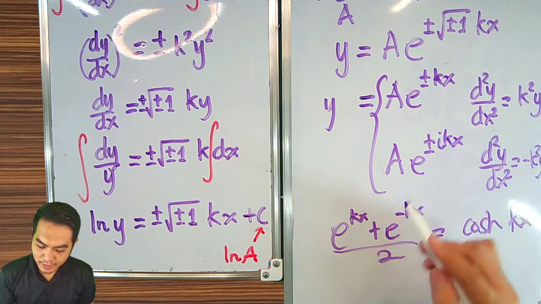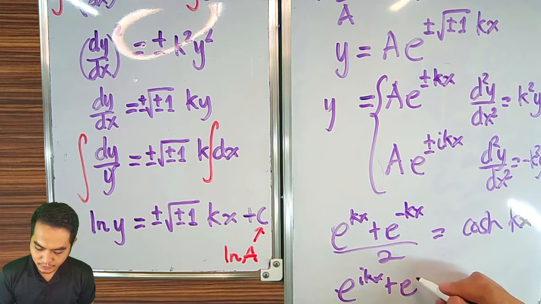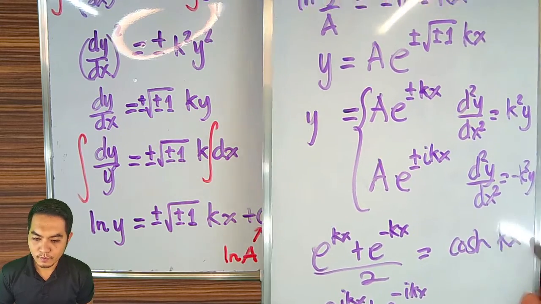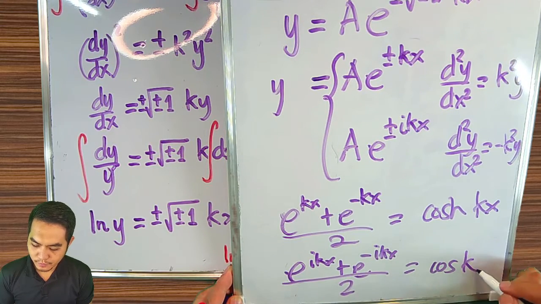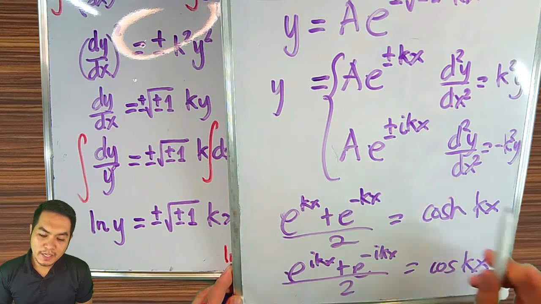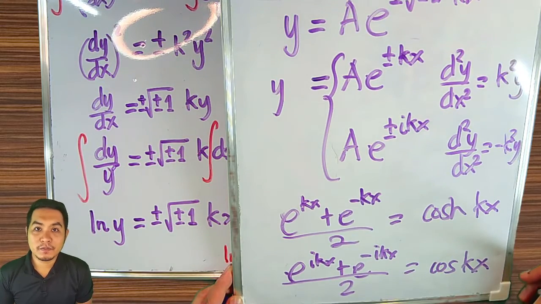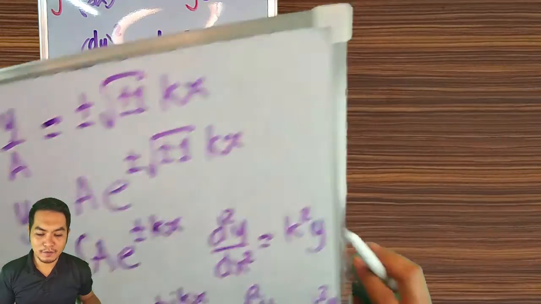And in this case, you can also combine e to the ikx plus e to the negative ikx over 2 to get, say, cosine kx. So your solutions now can be in terms of exponential, or it can be in terms of sinusoidal functions.